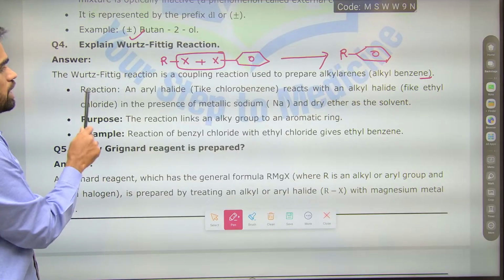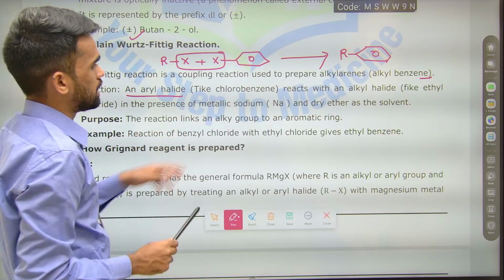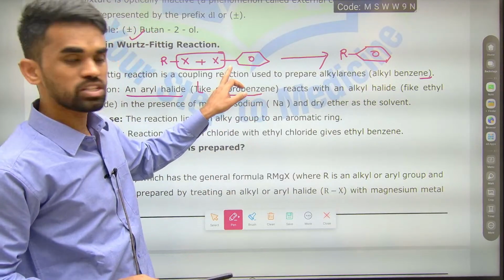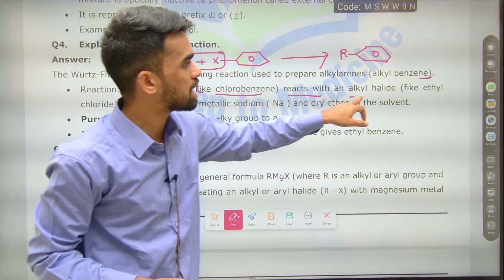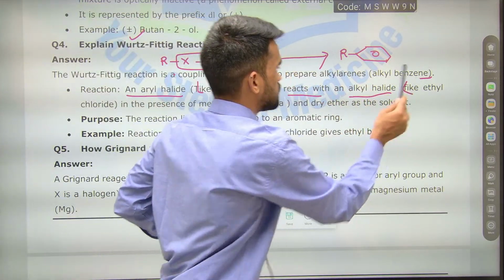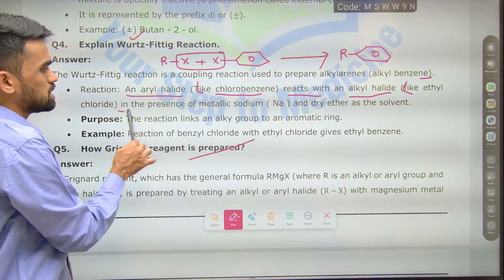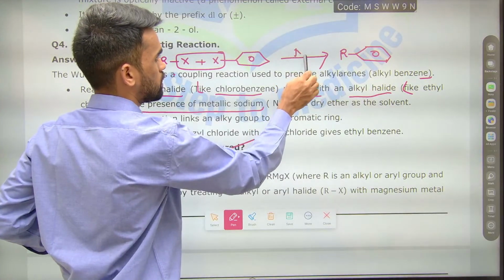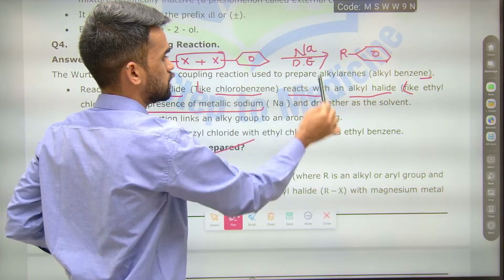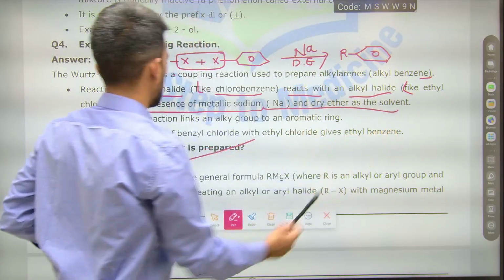So the reaction: an aryl halide like chlorobenzene or bromobenzene you can take, react with an alkyl halide like ethyl halide, methyl halide. In the presence of metallic sodium, so sodium metal in dry ether as solvent you should take.